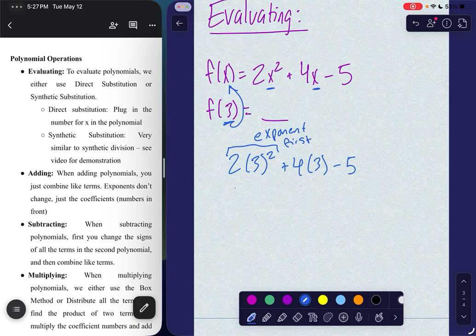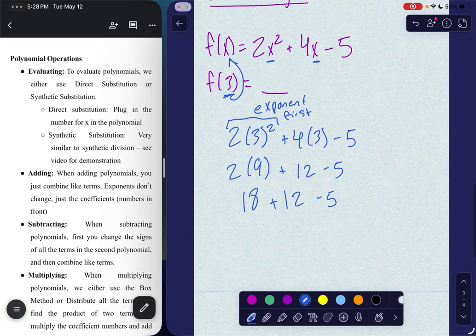And then we multiply by 2. So 3 squared gives us 9. So we do 2 times 9 plus 4 times 3, that's going to give us a 12 minus 5. Now 2 times 9 is 18 plus 12 minus 5. 18 plus 12 is 30 minus 5. That gives us 25. So that would mean that f of 3 equals 25, right?